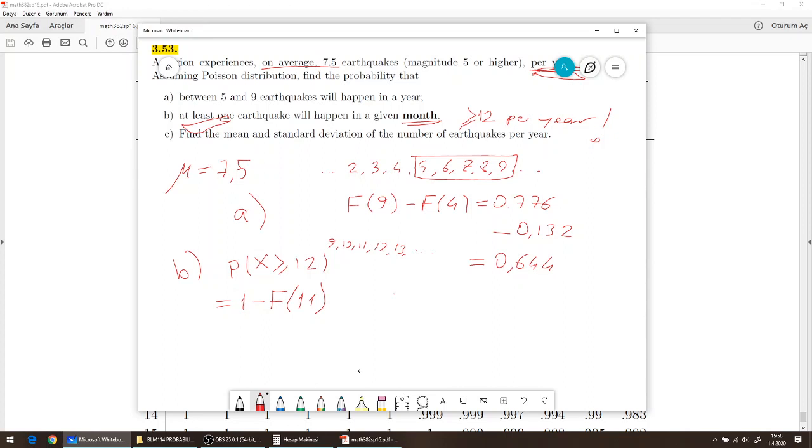The question involves these numbers, therefore we will subtract uppercase F of 11.